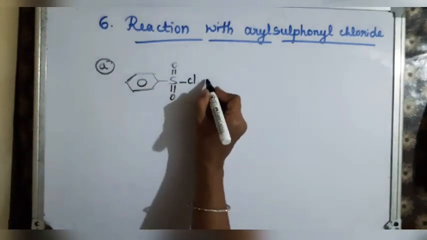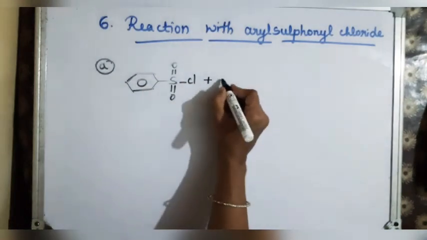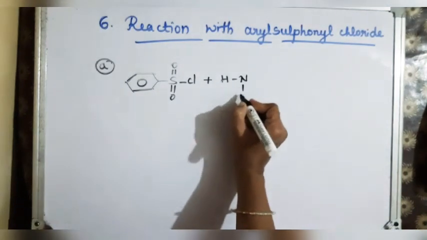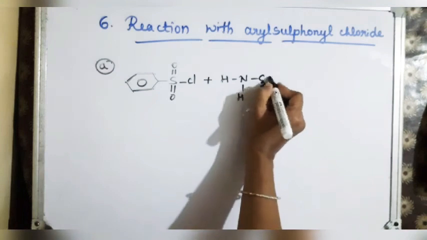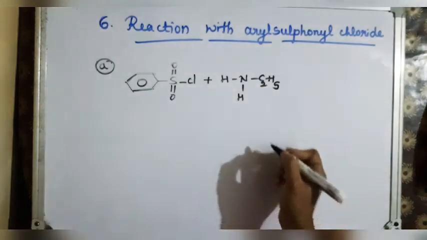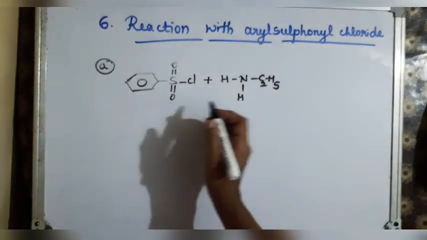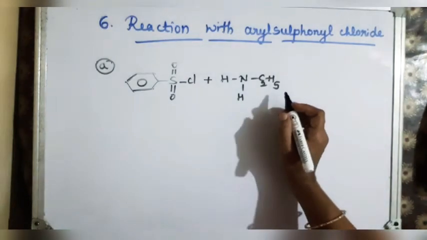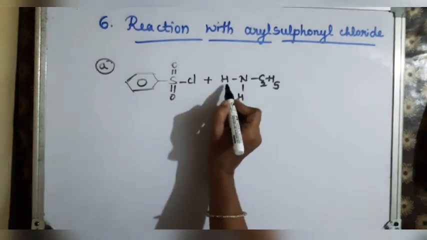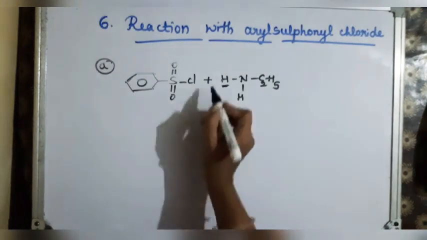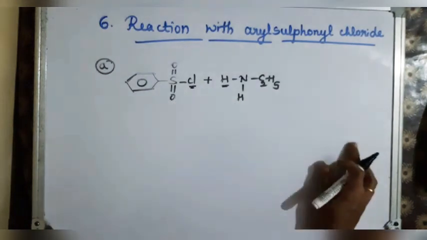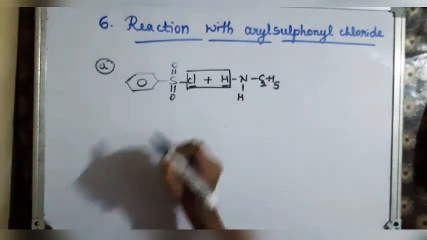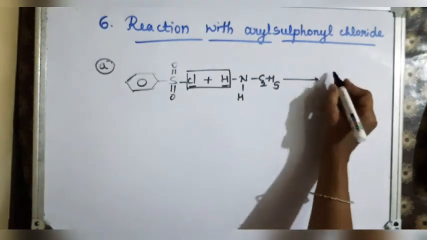When it is treated with ethylamine, C2H5NH2, this is primary amine. You can see there is a hydrogen and here we have a Cl. So this combines and goes out as HCl. So what you get as a product?